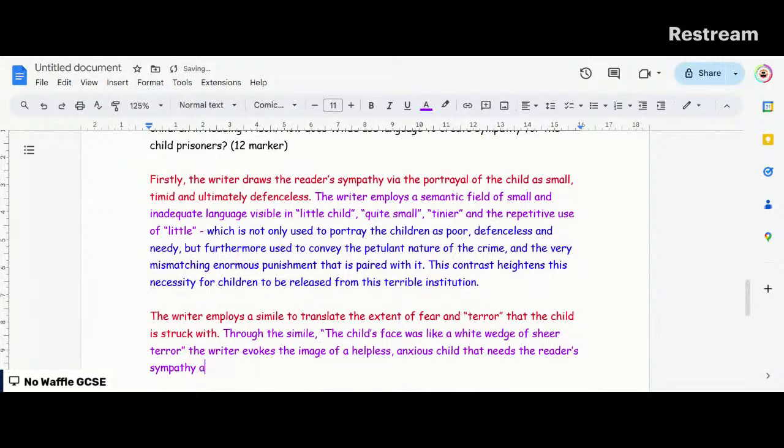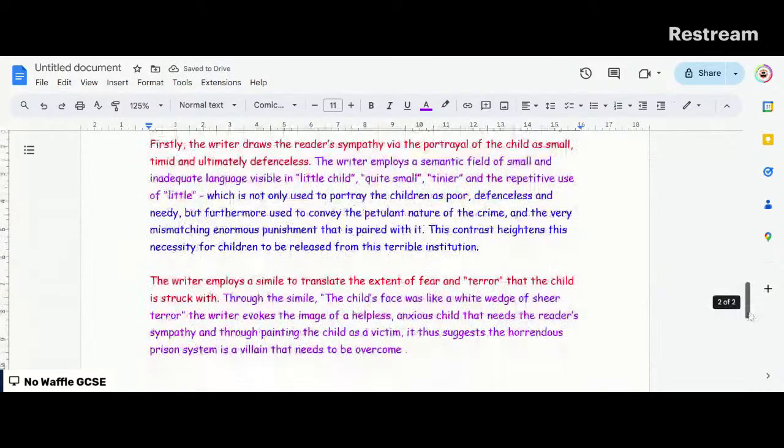And through painting the victimized child, it thus suggests the horrendous prison system is a villain that needs to be overcome.